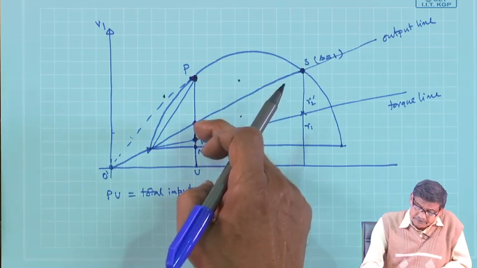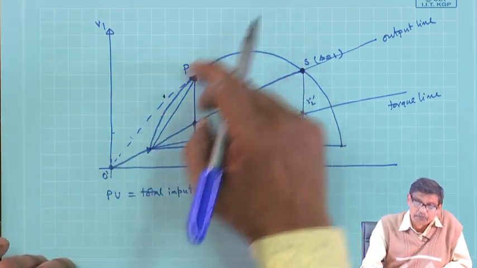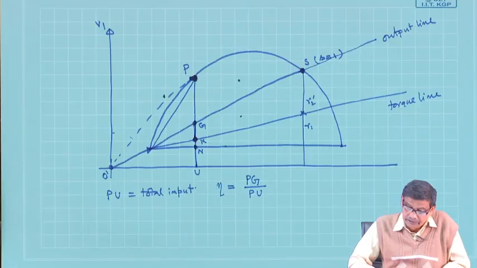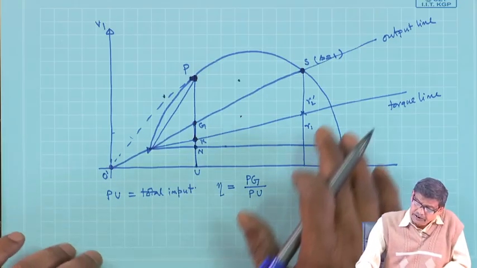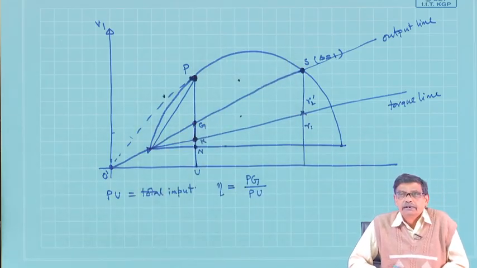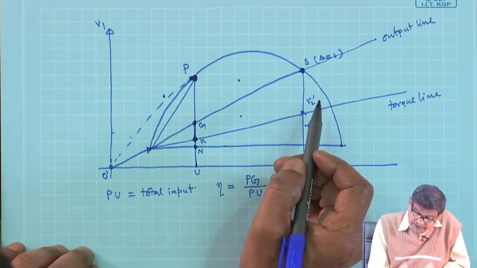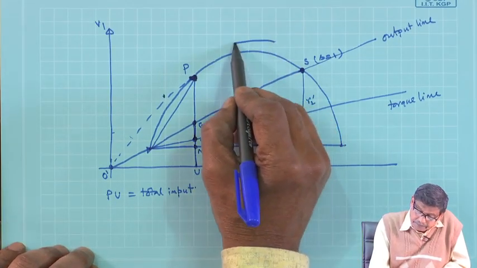And of course, I can find out also rotor copper loss, stator copper loss, input power factor and so on. Everything can be found out. Suppose somebody says, what will be the operating point corresponding to, mind you, slip decreasing this way.